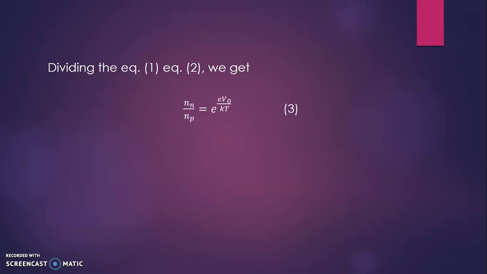When divided, all the remaining terms get cancelled, and only the extra part in the second equation, e raised to E V naught upon kT, will remain. So n suffix n upon n suffix p gives e raised to E V naught upon kT. Suppose this is equation number 3.